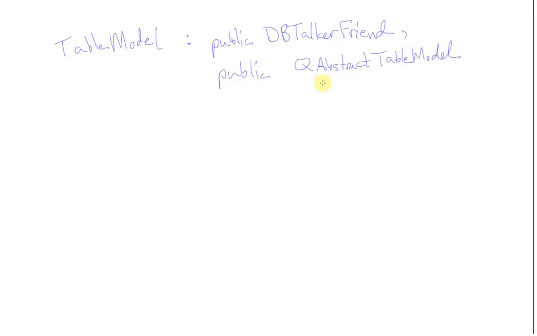But alas, both of these are Q objects in their base class, and they need to be Q objects. DB Talker needs to be because we're using cross-thread communication in Qt, and we need the objects being messaged upon to be Q objects, which allows for usage of the invoke method for cross-thread messaging.